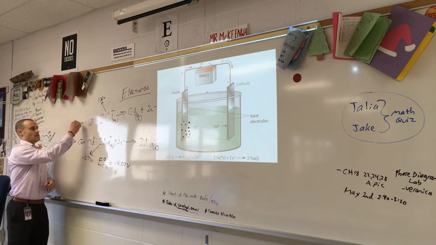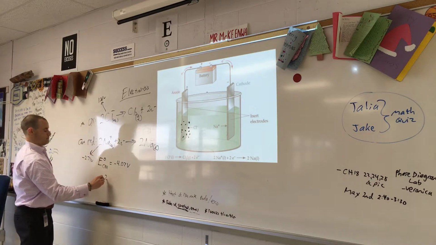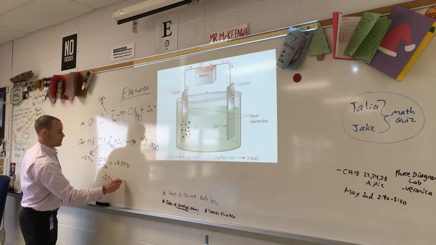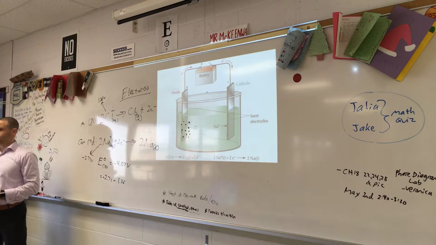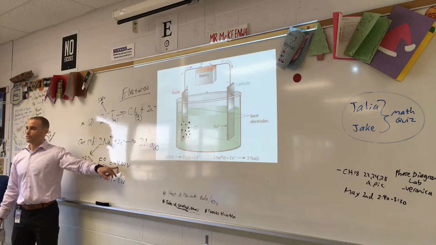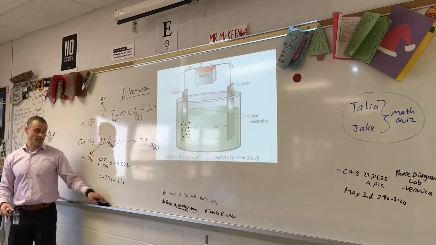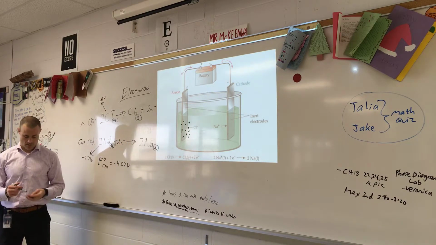Here's my cathode, here's my anode. It would be negative 2.71 minus 1.36, right? Which gives us negative 4.07. Okay, yeah. That's a strange number. That's a pretty big negative number.